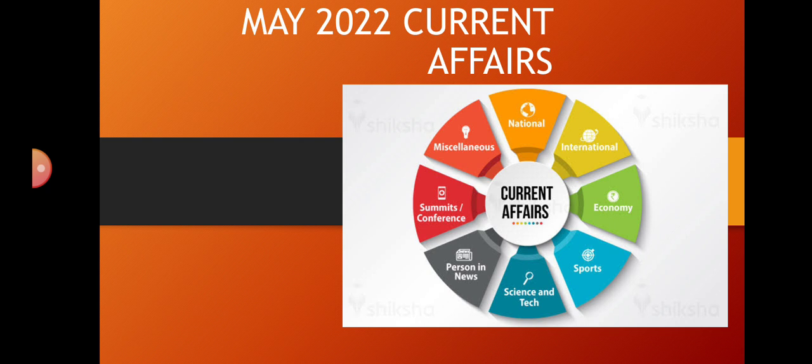1891. First case registered when Jogendra Chandra Bose, editor of the newspaper Bangobasi, was booked for publishing an article criticizing the Age of Consent Bill. 1921.